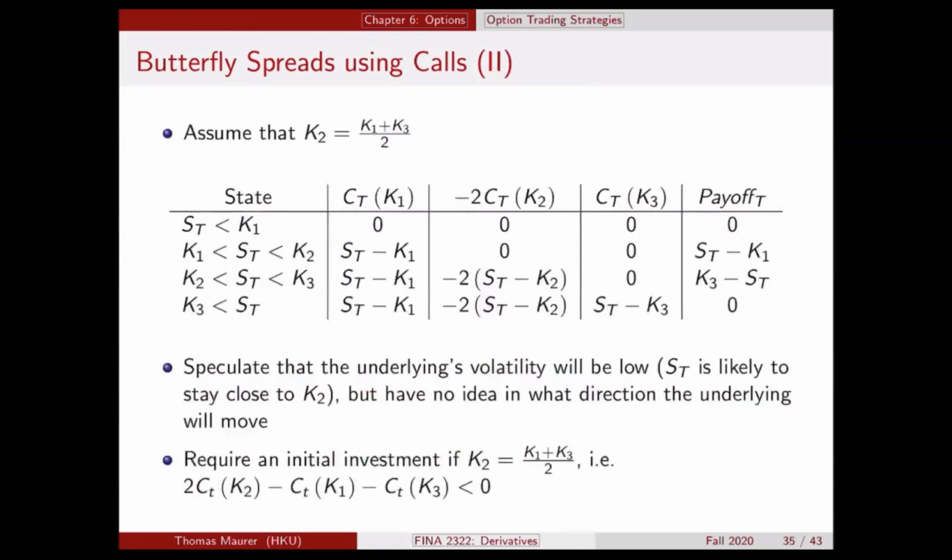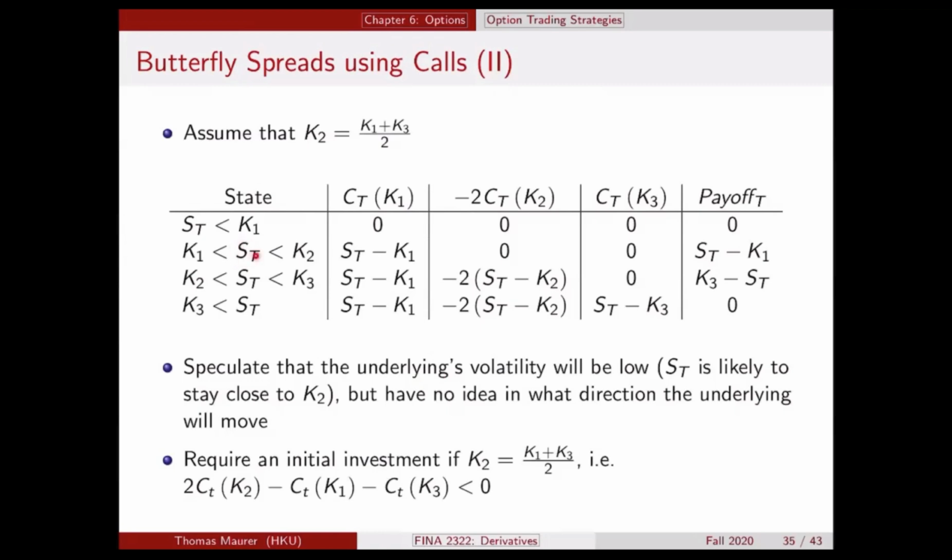I can also write this in a table over here. In particular, here I assume that K2 is exactly in the middle between K1 and K3. So if the price of the underlying ends up less than K1, then all the 3 call options have 0 payoffs, none of them will be exercised, and the overall payoff is 0.